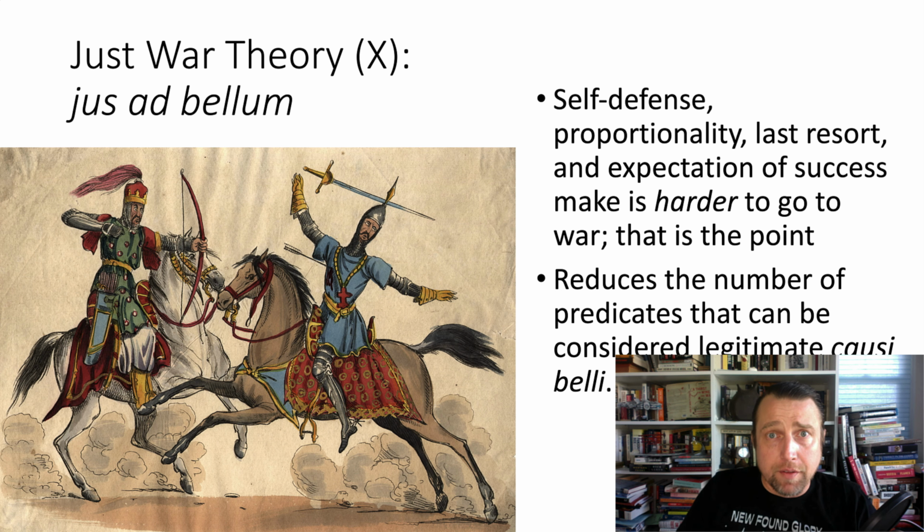So taken together, these precepts, which again are self-defense, proportionality, last resort, and expectation of success, make it harder to go to war. Right? That's the point, to make it harder to go to war.